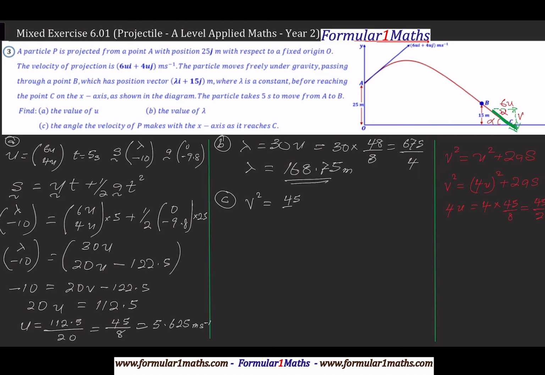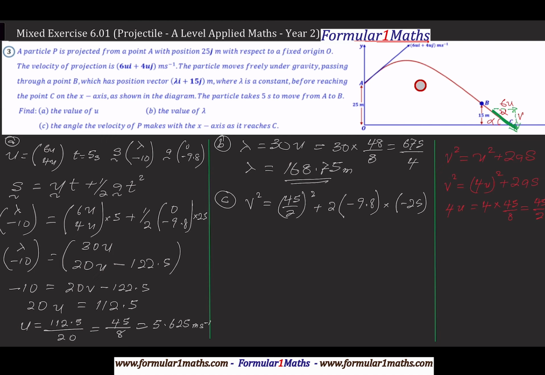So I can now do my substitution, and I will get v squared is equal to 45 over 2 squared plus 2 times minus 9.8 times minus 25. And this is minus 25 because with respect to A, when the particle reaches here, its vertical displacement will be minus 25.